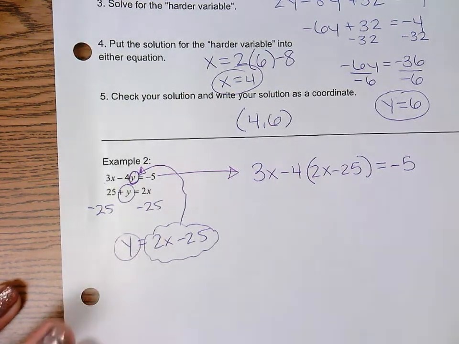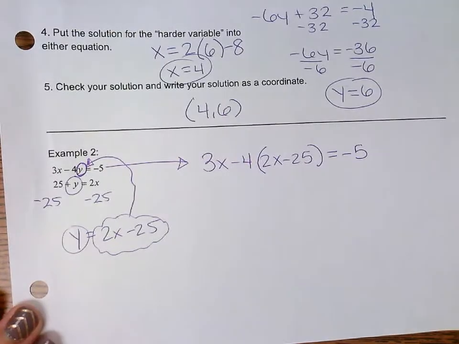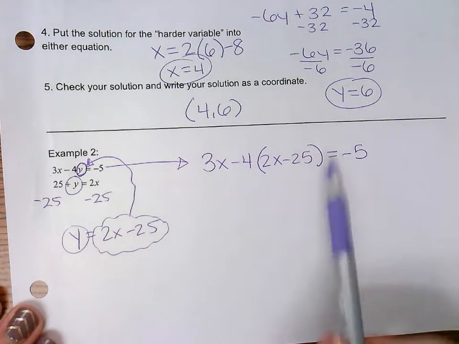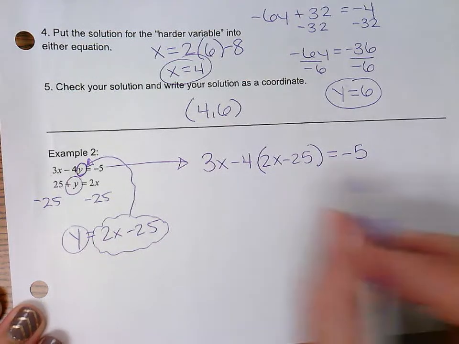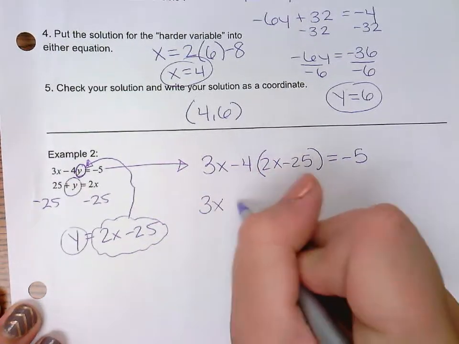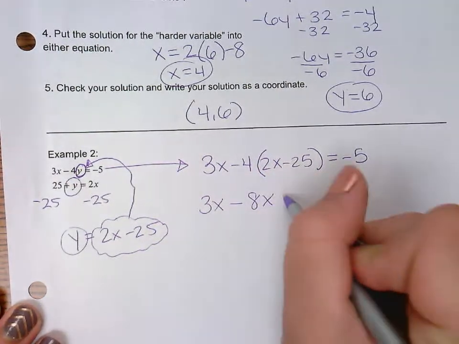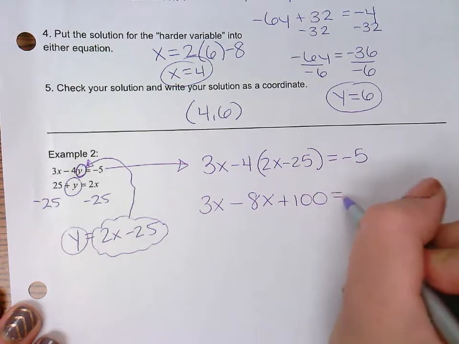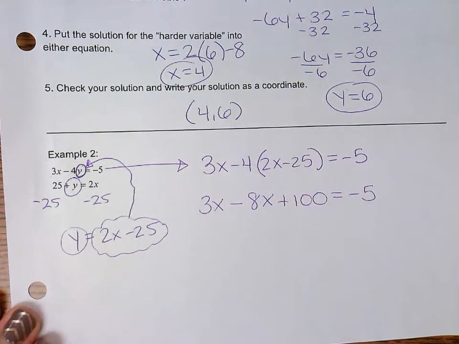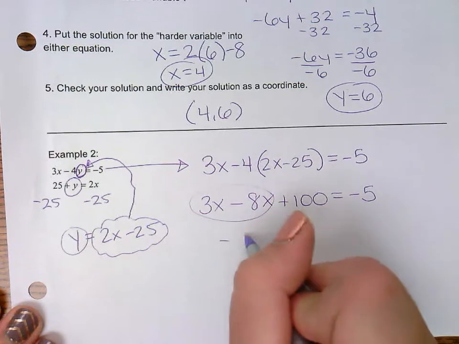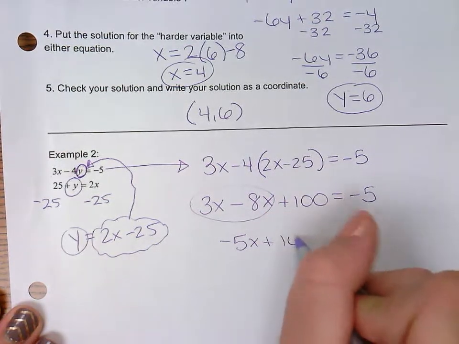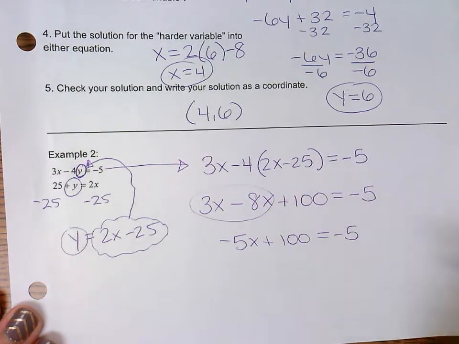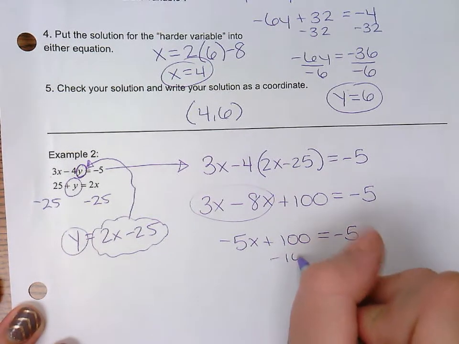Then you're just at the Algebra 1 level of solving an equation for one variable. I only have one variable, and that is x. So I get 3x minus 8x plus 100 equals negative 5. Combining like terms gives me negative 5x plus 100 equals negative 5.